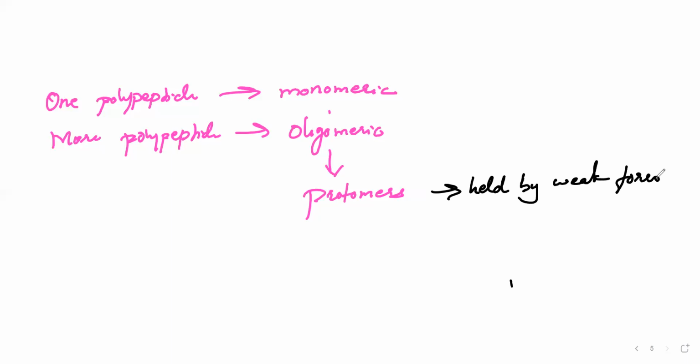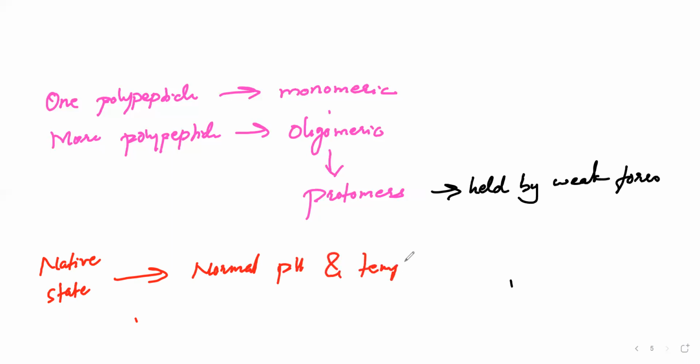Now, what is this native state of the protein? Native state, original state, right? The protein gains the native state whenever there is a normal pH and temperature. So if that polypeptide chain, or that protein, is having a normal pH as well as temperature, then whatever the shape of that protein is, it will be more stable.